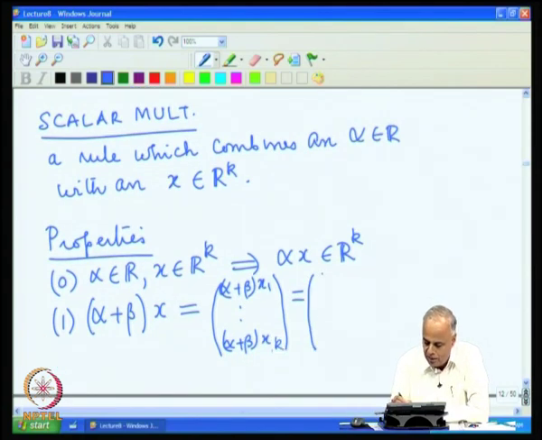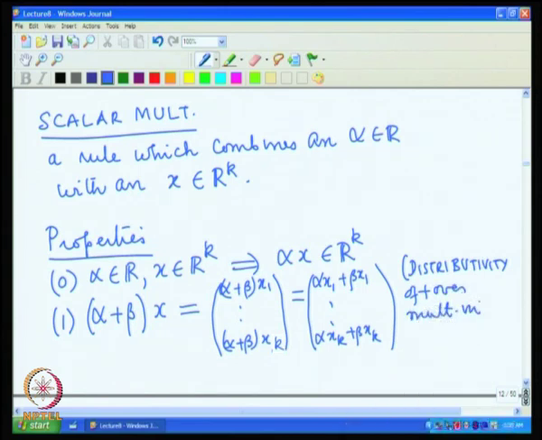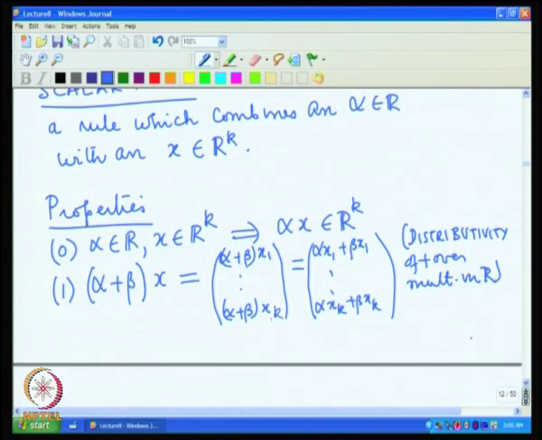So, the first entry is alpha x1 plus beta x1, up to alpha xk plus beta xk, which is because of distributivity of multiplication over plus in R. Let us put it that way. It is a more appropriate way of saying the multiplication distributes over addition.